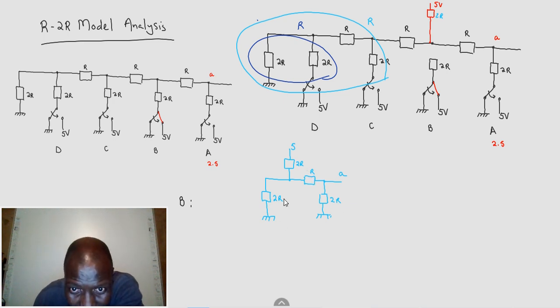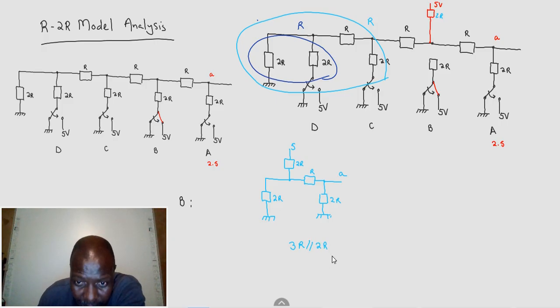What is it going to be? This is going to be 3R. R plus 2R is 3R, parallel to 2R.